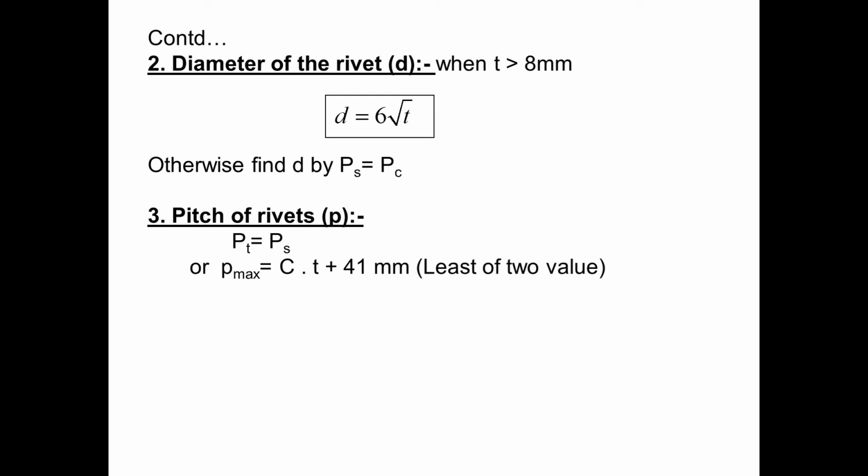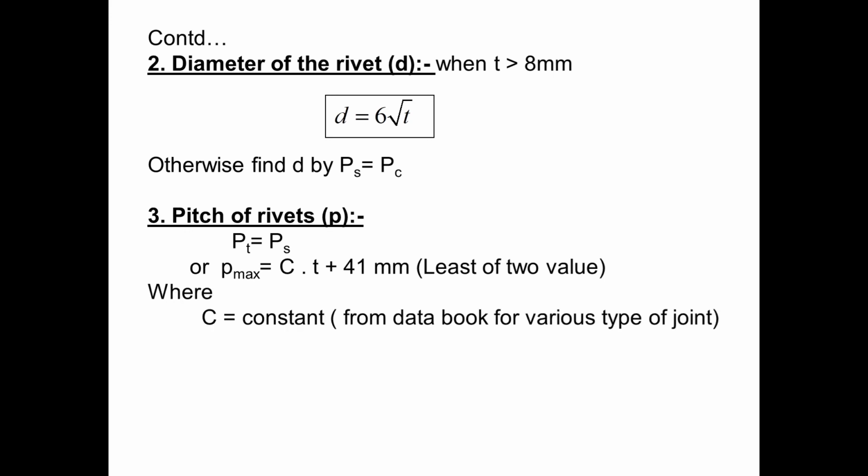Either you will equate the tensile strength of the rivet with the shear strength, or you will use the empirical relation, that is P max is equal to C into T plus 41 mm, where T is your thickness of the plate and C is a constant which is taken from the boiler design data book code.